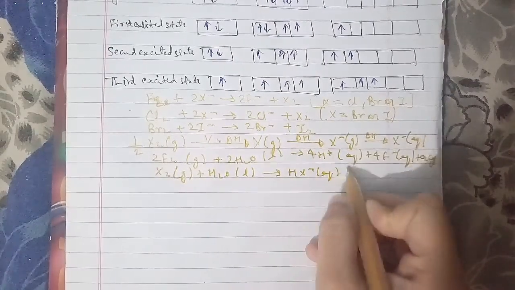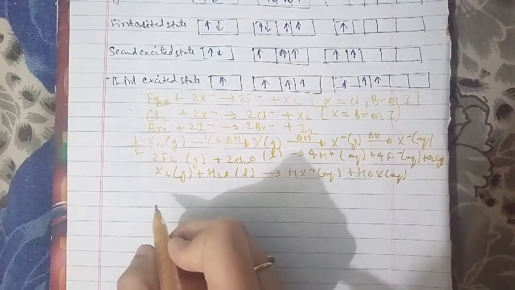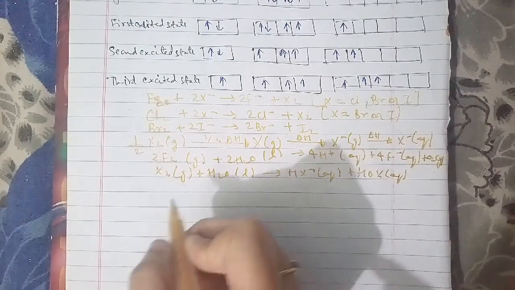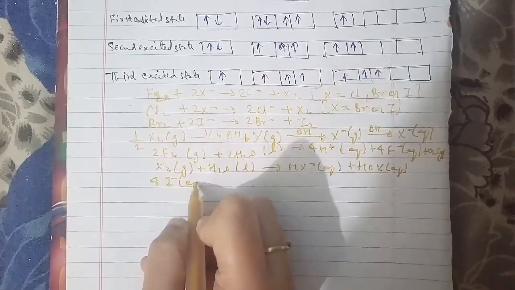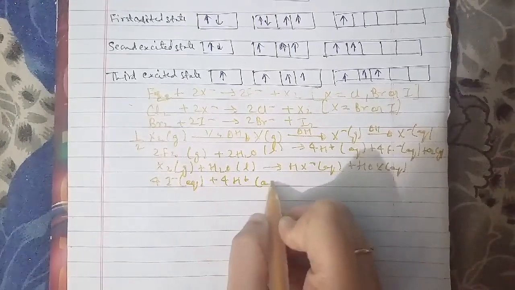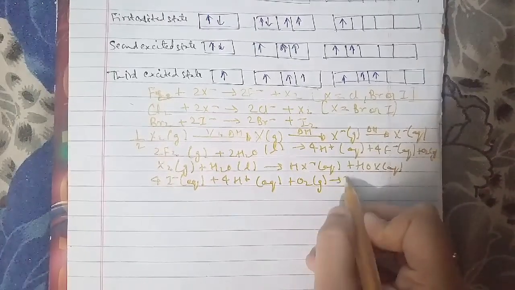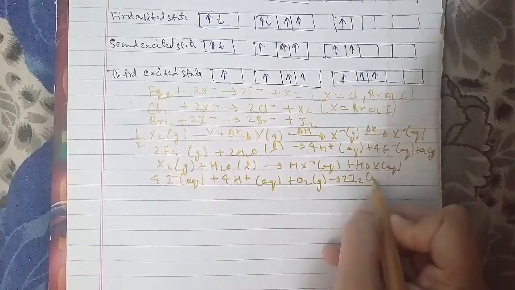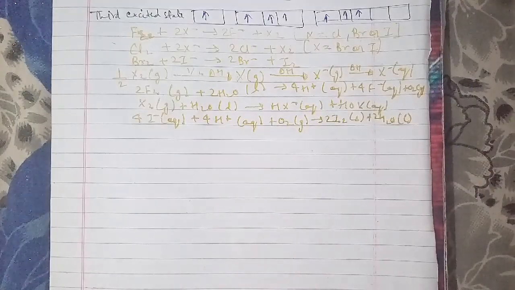Now we'll discuss another topic in detail, which is the anomalous behavior of fluorine. Like other elements of the p block present in the second period of the periodic table, fluorine is anomalous in many properties.